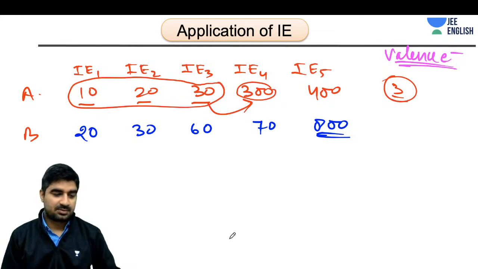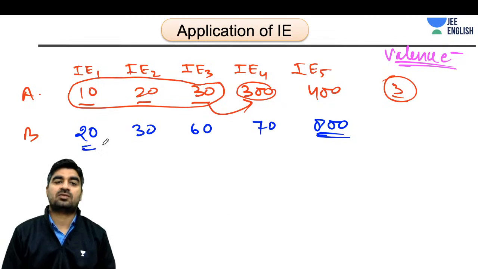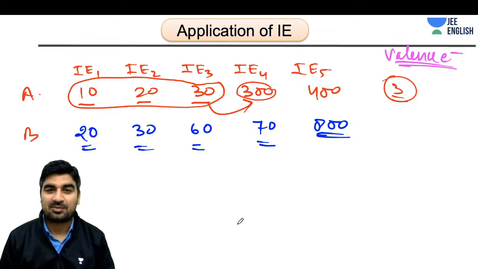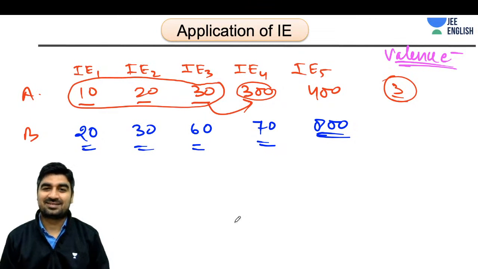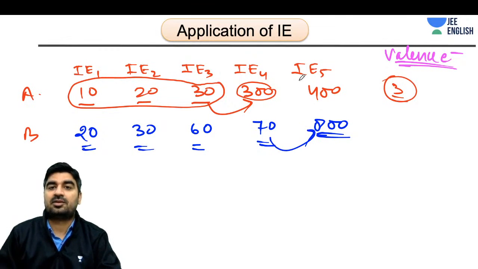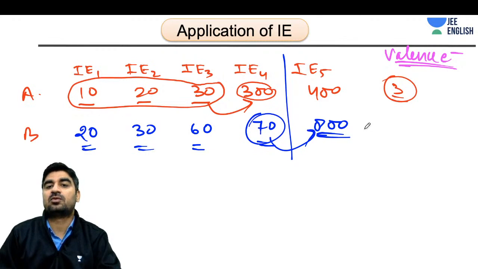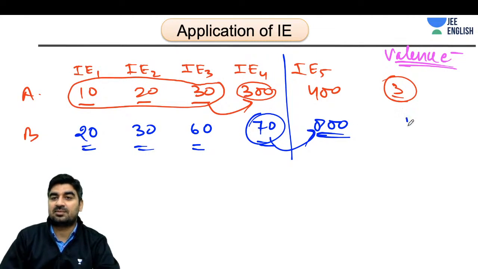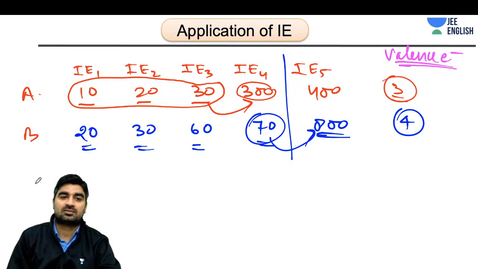Where there is a jump, this is after losing one electron, two, three, four. Where is the jump? So the jump is here. It means I can say after losing four electrons, it becomes very difficult to remove the fifth one. It means the valence electron will be 4.